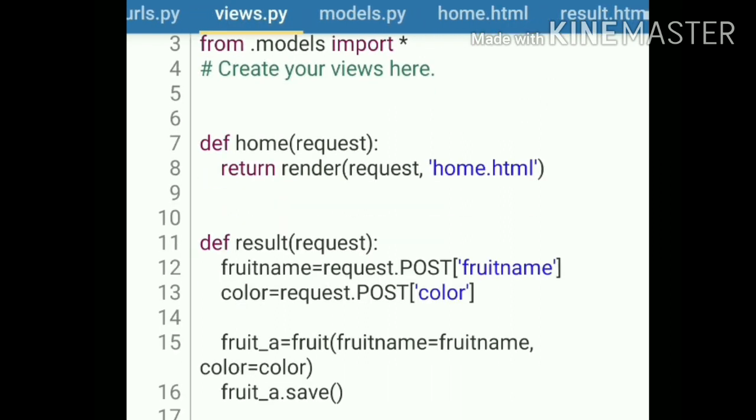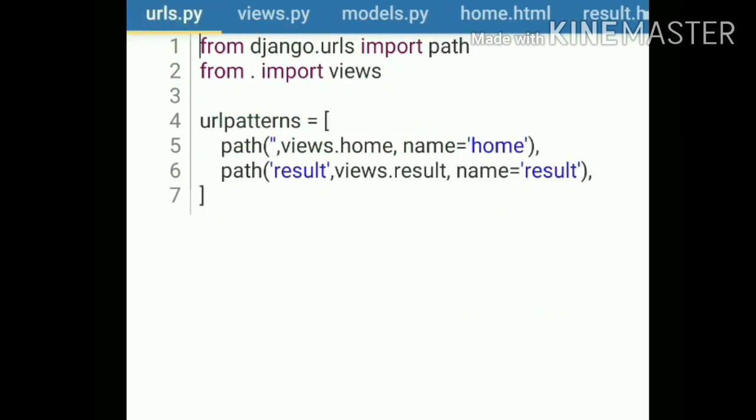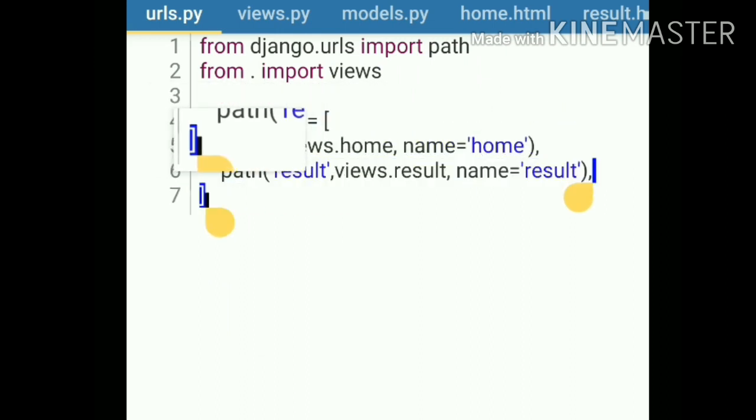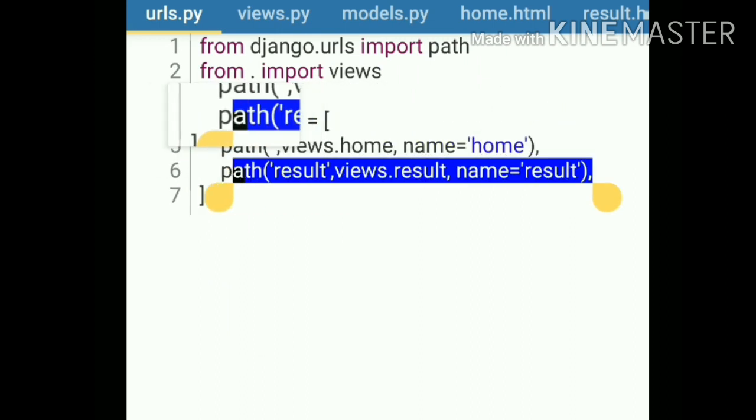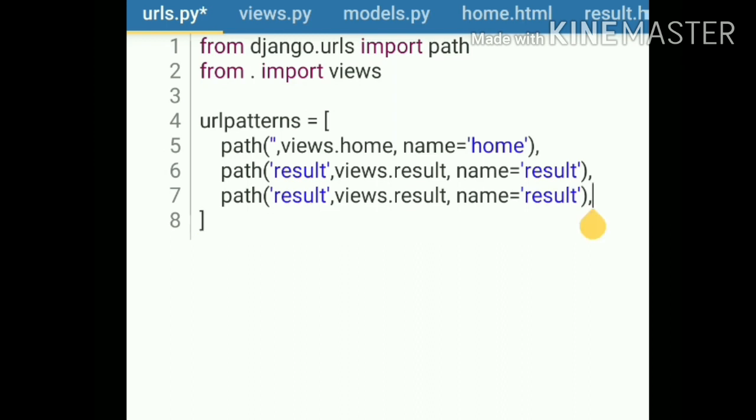So let's go inside our urls.py, and here we have to specify our login page. So let's copy the path and paste it over here, and then change here to login page.